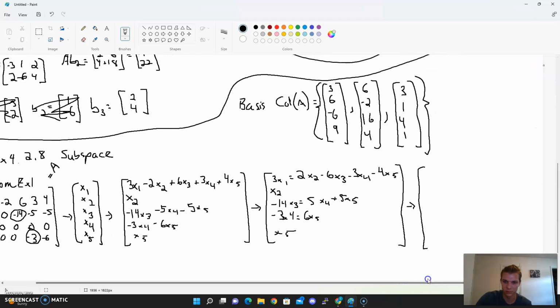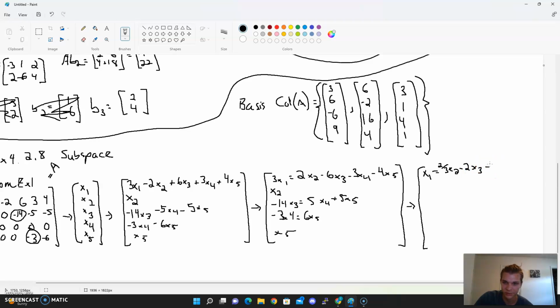It's terribly inconvenient. So x1 will equal 2 over 3 x2. Oh Lord, please bear with me as I write all these tiny letters out. Then minus 6 divided by 3 will be minus 2, so minus 2x3.